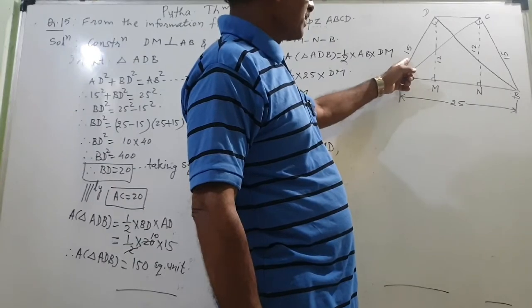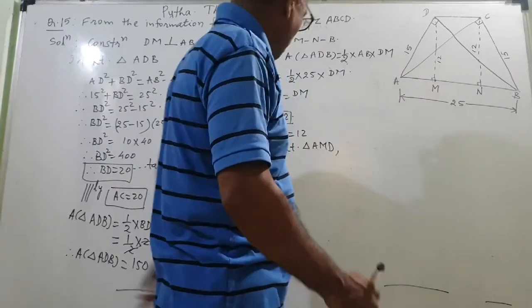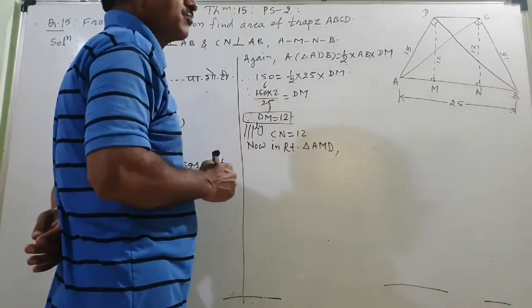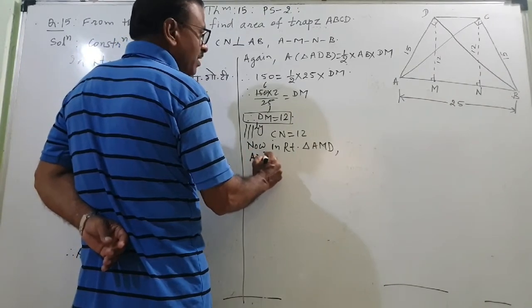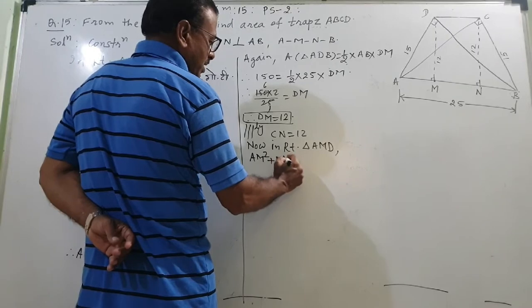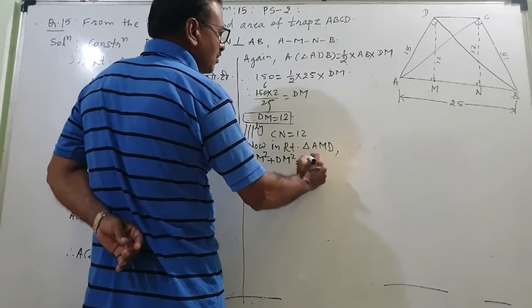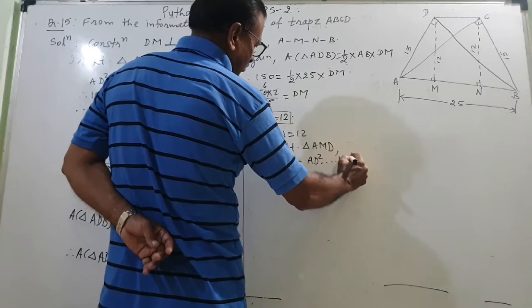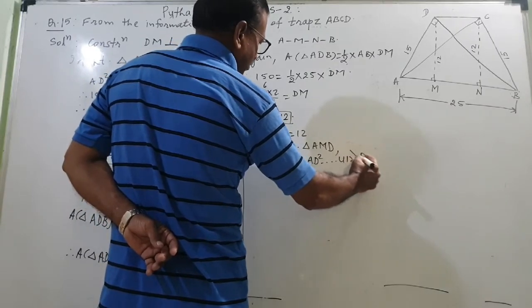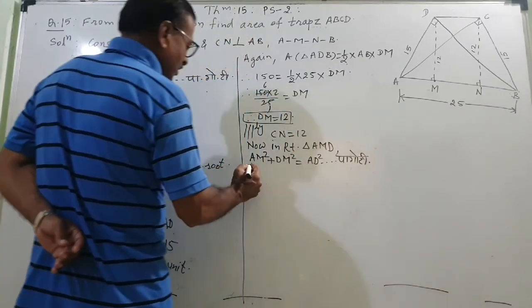This is the hypotenuse. So, hypotenuse square is equal to one side square plus other side square. I will write AM square plus DM square is equal to AD square. Reason is Pythagoras theorem.